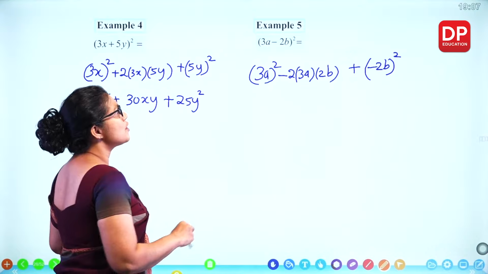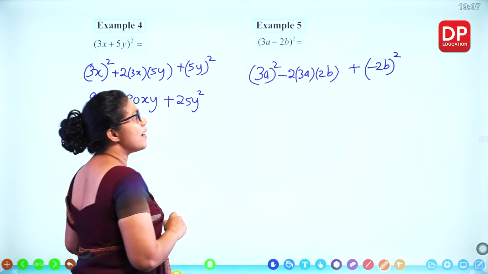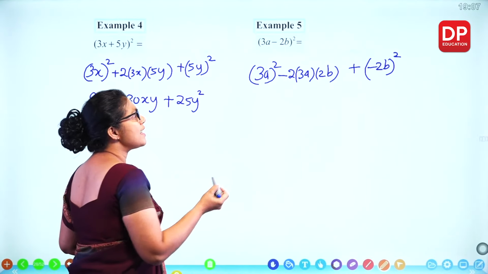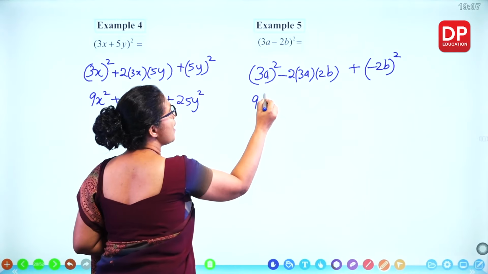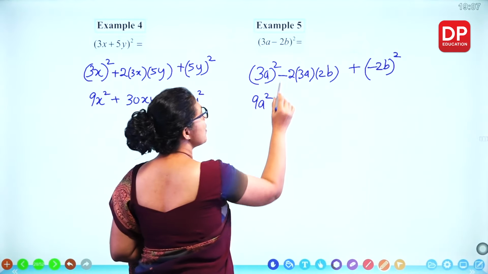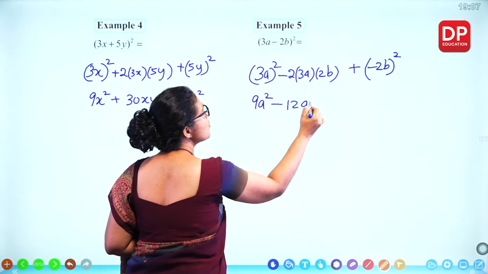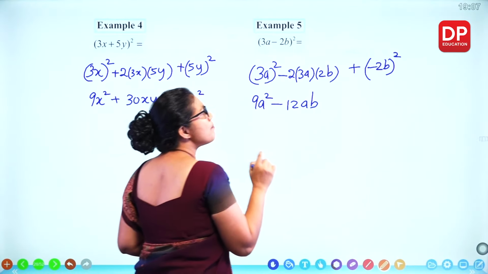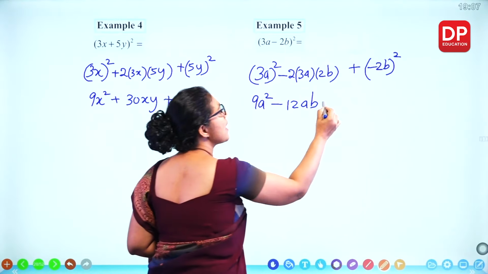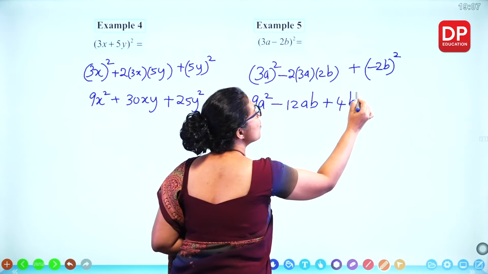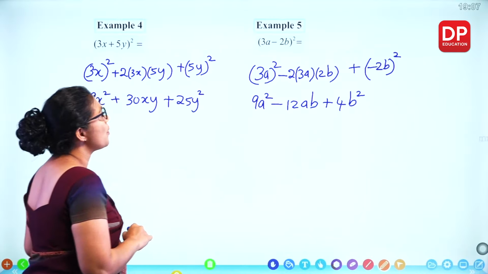Product of the two terms and then multiply by 2 again. What is 3a squared? 9a squared. What's the middle term? 2 times 3, 6. 6 times 2, 12. So you get minus 12ab there. Minus 2 times minus 2 becomes plus 4. So you get 4b squared.